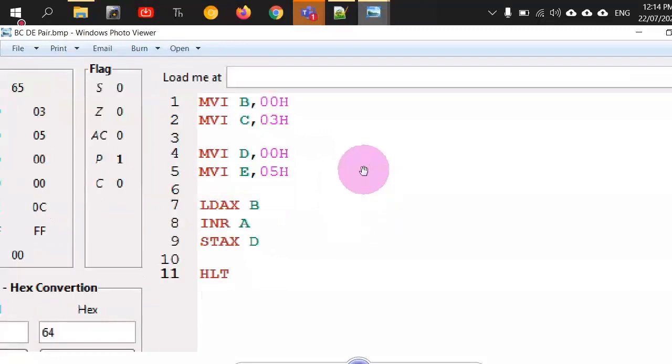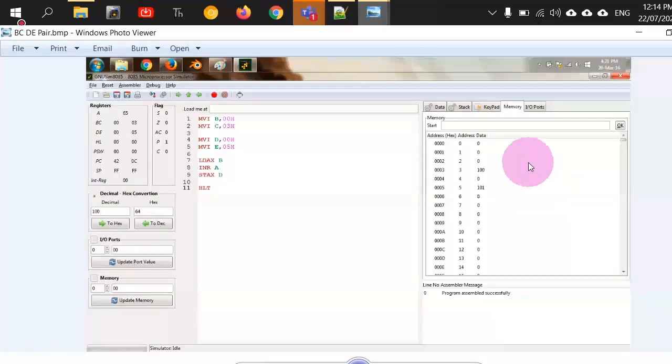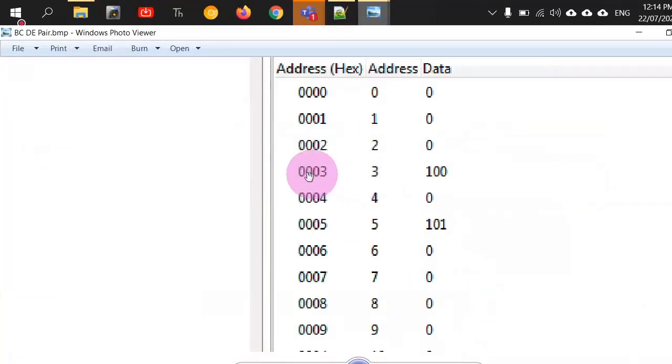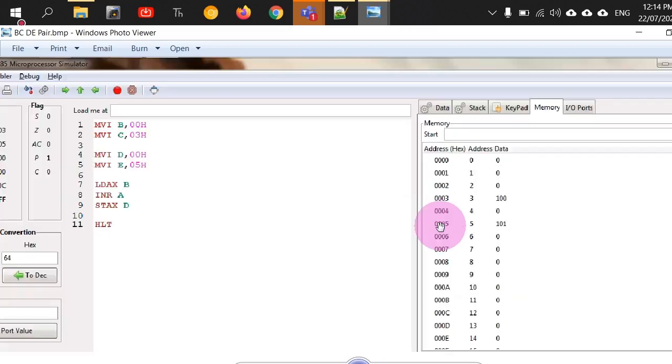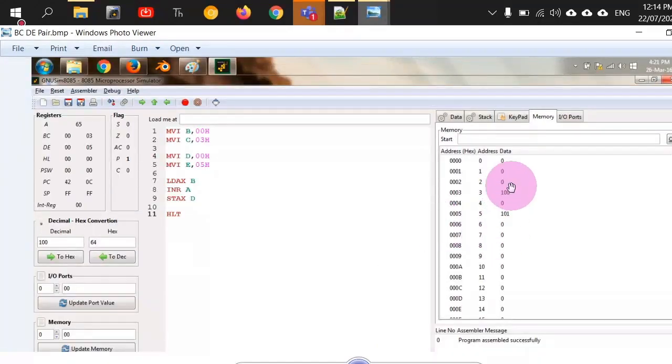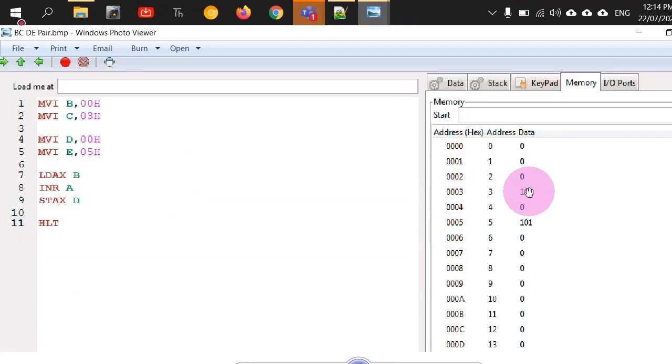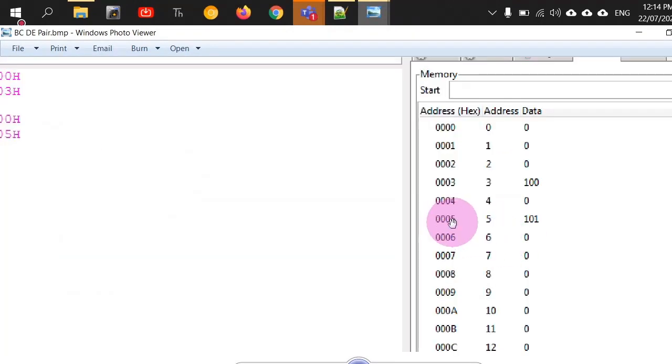In this, what I am trying to do is, in the BC register pair, I have kept a value of 0003, right? And in the D register pair, I have kept a value of 0005. My intention is that in the memory, I have location 0003 and location 0005. At position 0003, a value of 100 is already kept, and initially position 0005 was vacant.